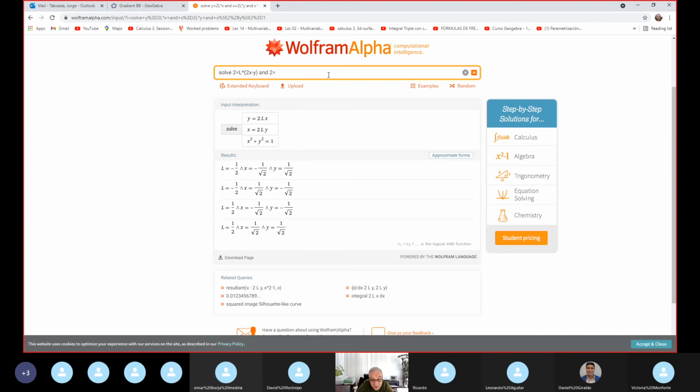Okay, in the book, normally it's called lambda, but in Wolfram Alpha we call it L, capital L. The L times, open the parenthesis, 2y minus x. The parenthesis. Finally, another "and."